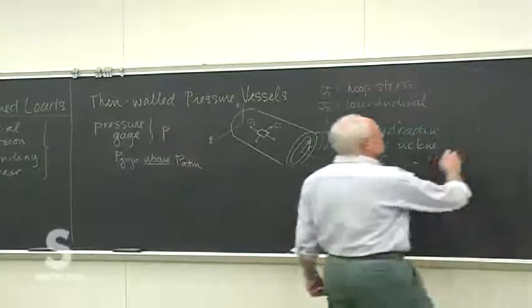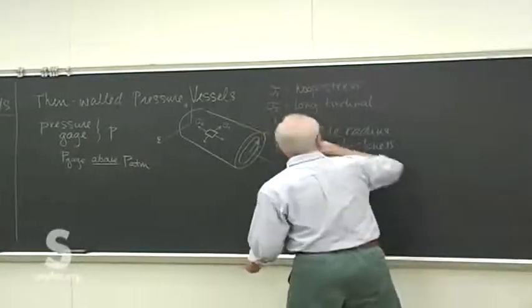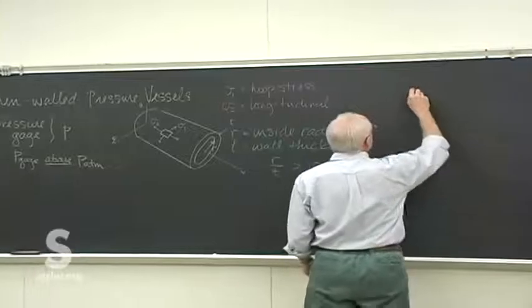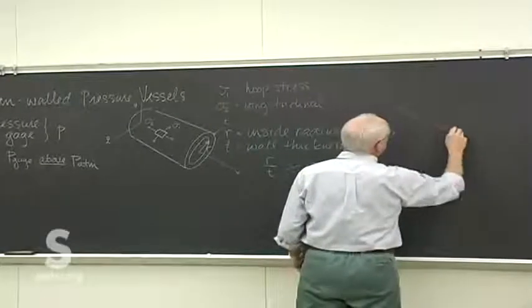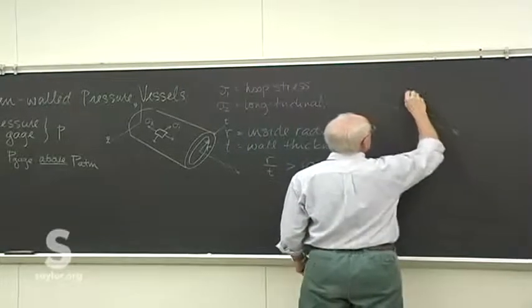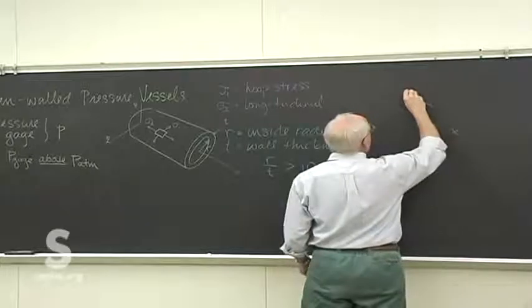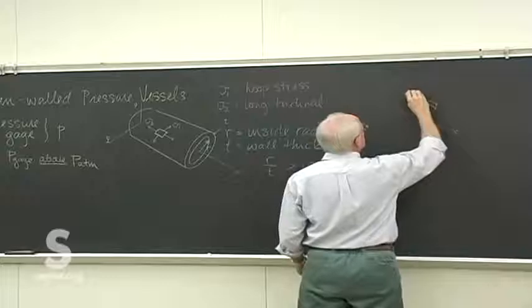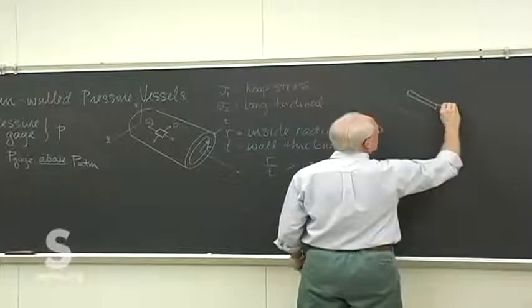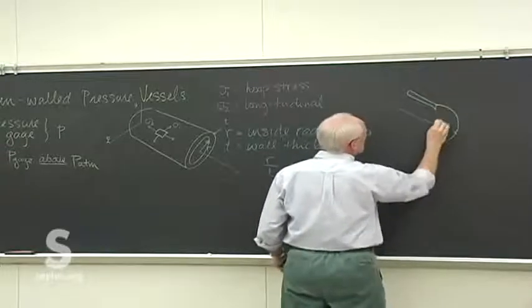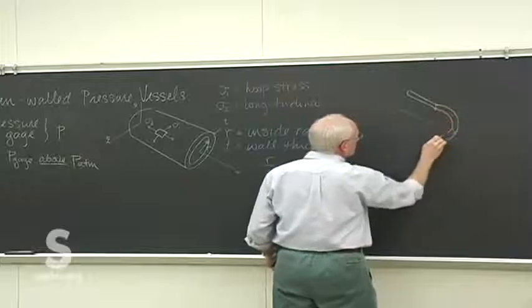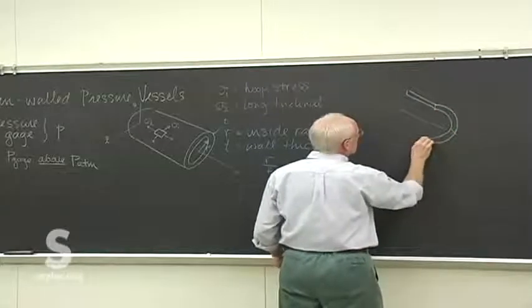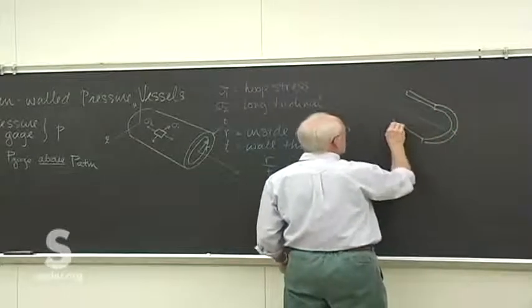So we'll start with a little segment of the vessel down the X direction. So we'll take a little piece of it that runs like this.